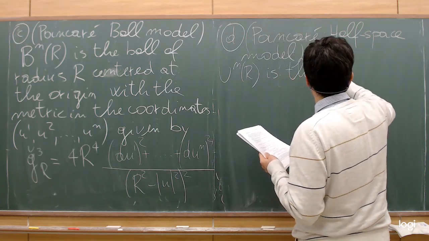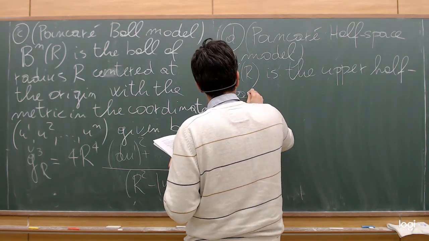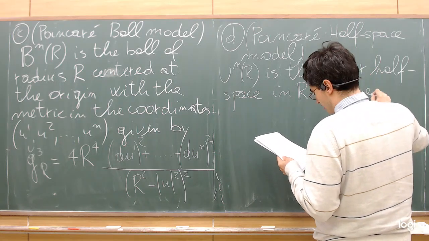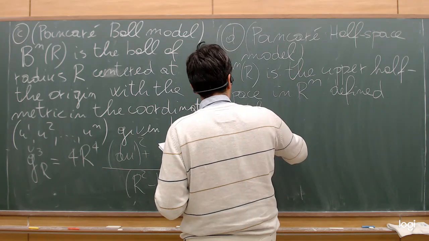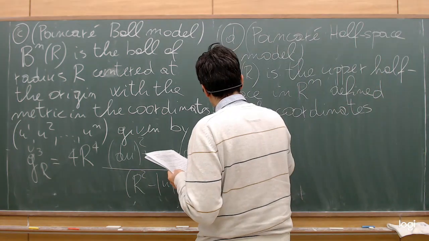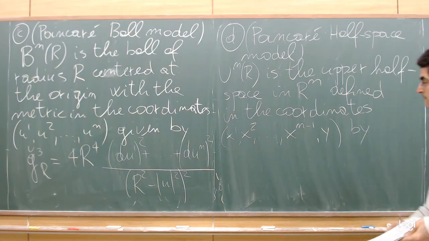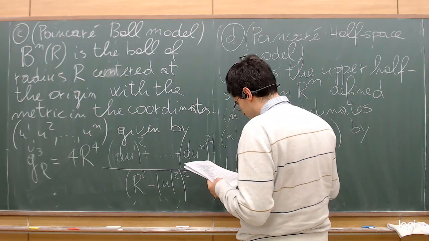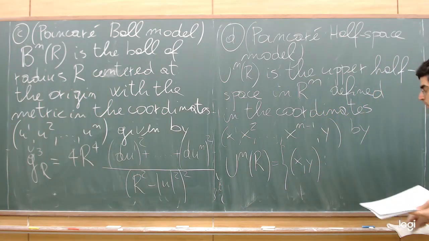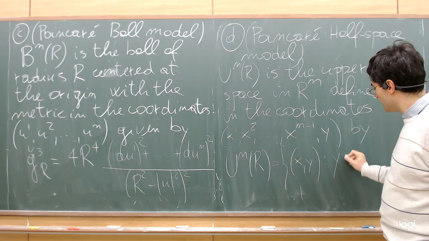This is the upper half space in R^n, defined in the coordinates x1, x2, ..., xn minus 1, y by U^n_R equal to the set of points of coordinate x, y, where x represents x1, x2, ..., xn minus 1, such that y is positive.